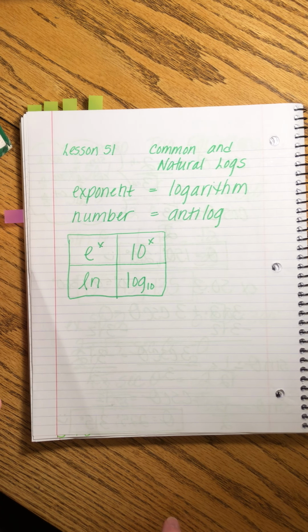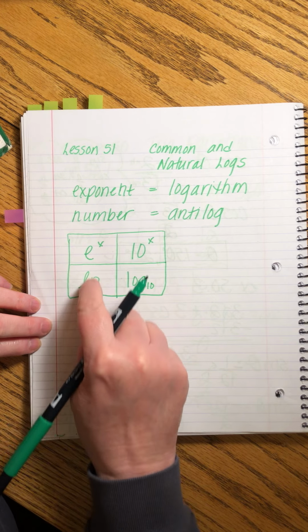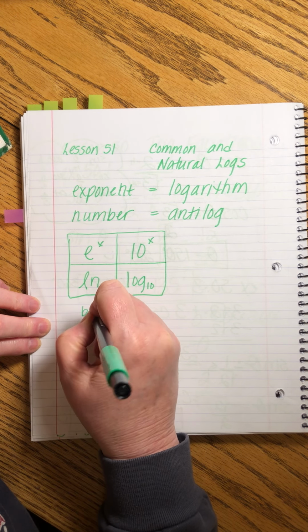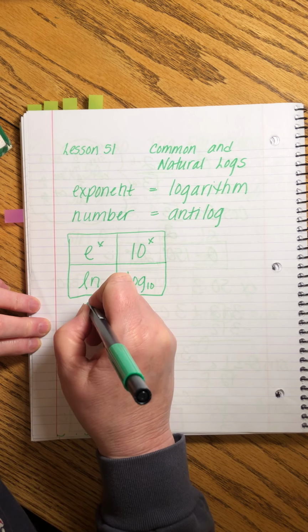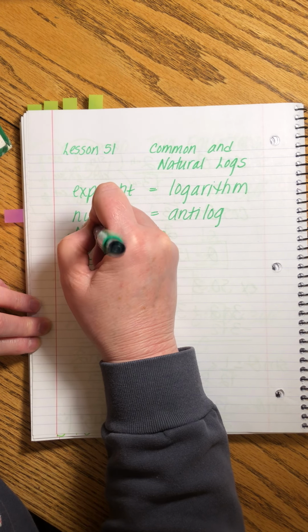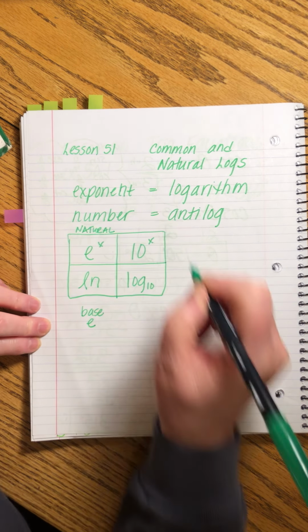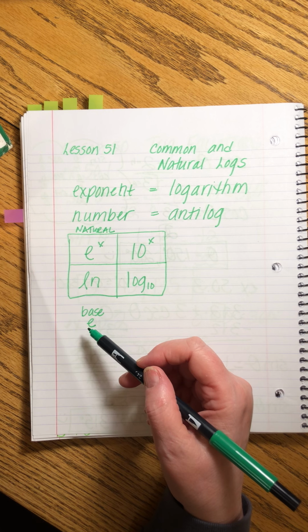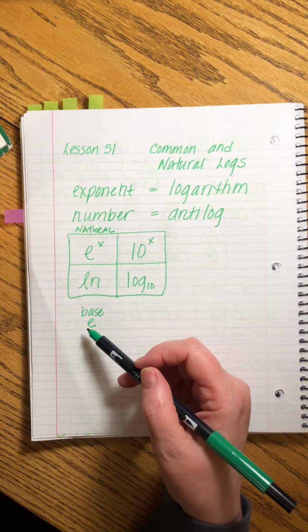The first thing I want to point out to you is that these 2 buttons work in what we call the base of E. E is what we call the natural log. It's a number that appears often in nature and in engineering, so the sciences use it quite a bit.